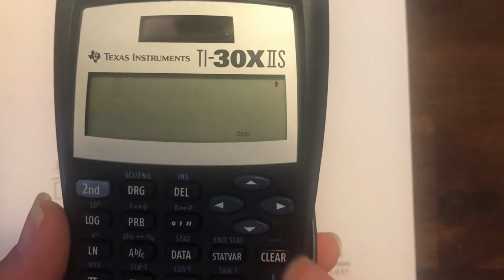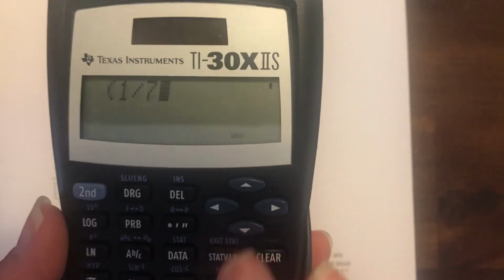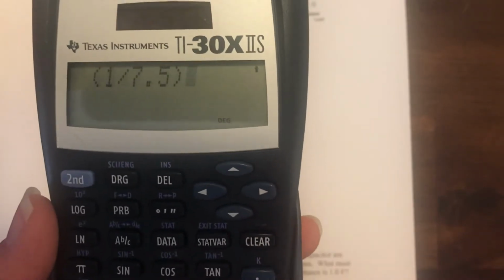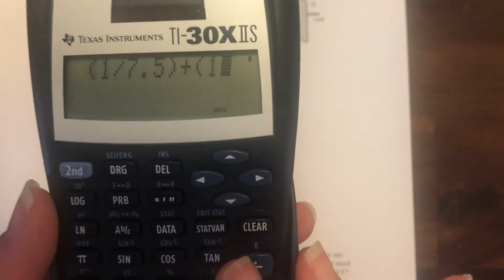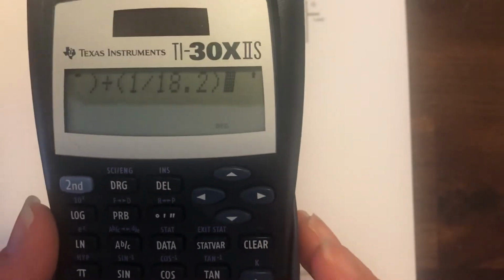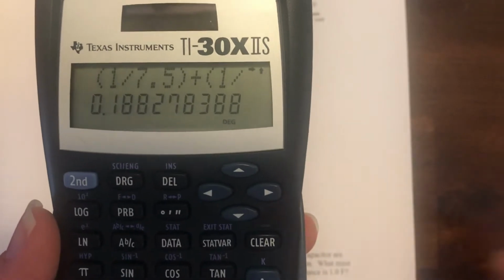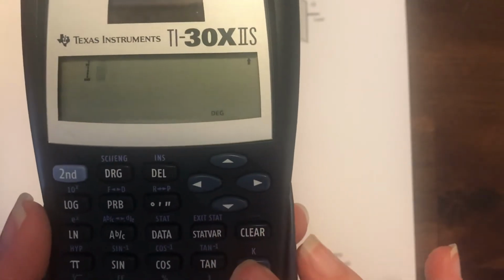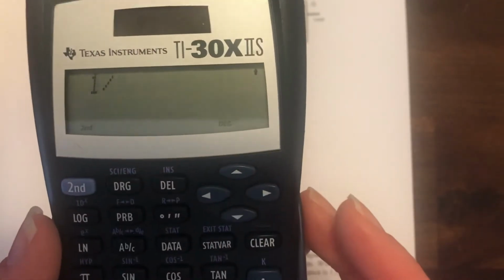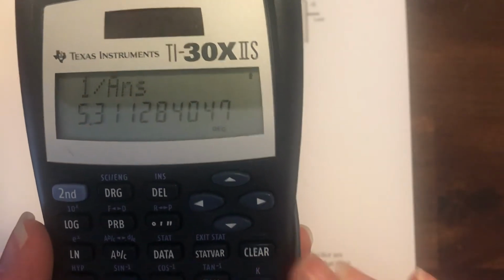Remember, when I have resistors in parallel, I have to do 1 divided by 7.5 plus 1 divided by 18.2. Okay, and again, this right here is not the answer. We need to do 1 divided by this to get the answer. All right, I'm going to call that 5.3.